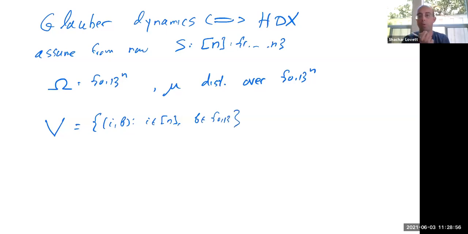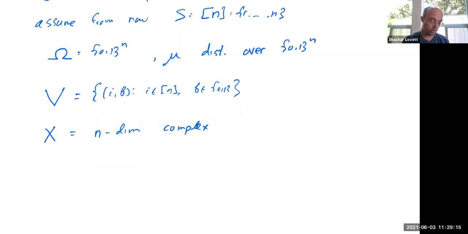Elements of V correspond to giving a color or label to an element between 1 and n, an element in S. And then X is going to be an n-dimensional simplicial complex where the base elements are V, and X_n is going to correspond to labelings of all the possible elements.